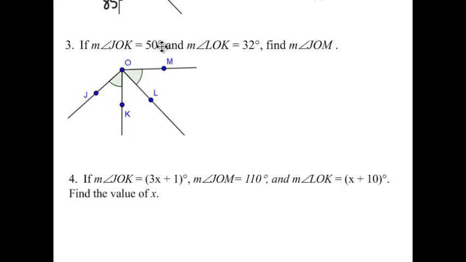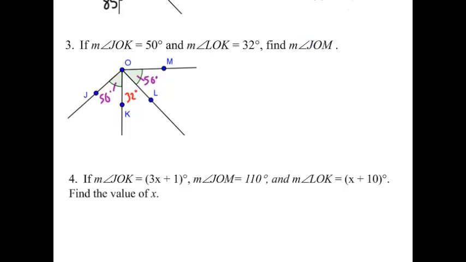So angle JOK in this case, we're going to want to add these to the picture again. Angle JOK is our 50-degree angle. And let's go ahead and put that as MOL as well while we're here. Our congruent angle is 50 degrees as well. We're also given that angle LOK is 32.